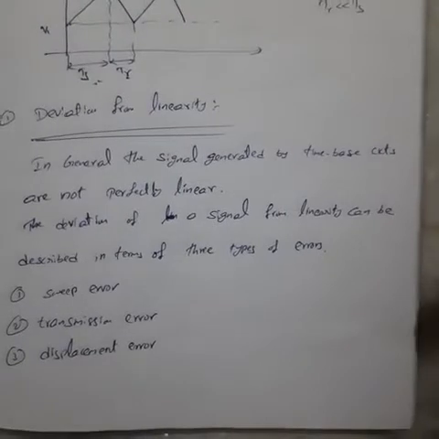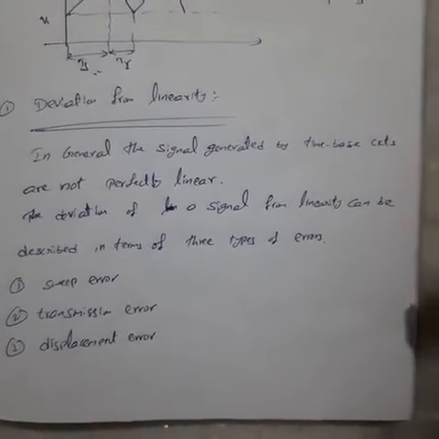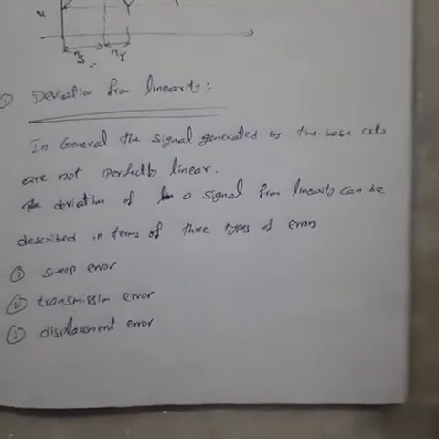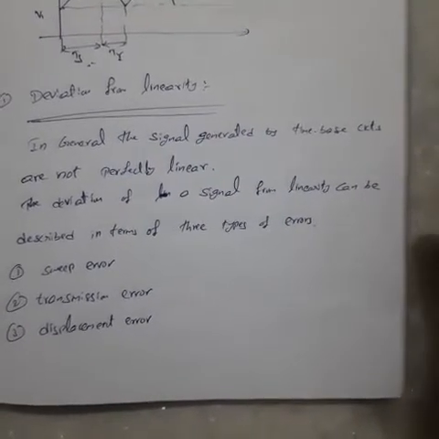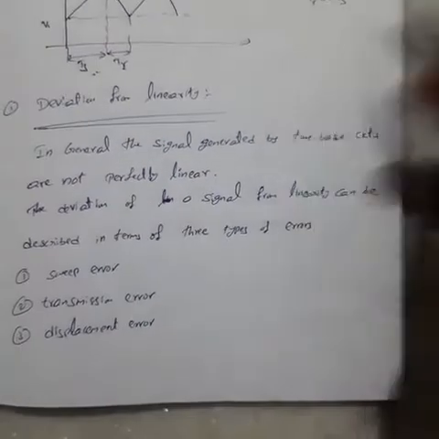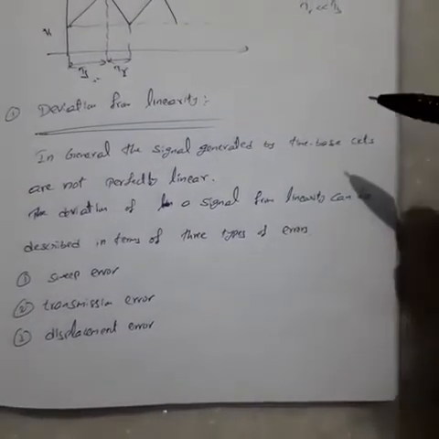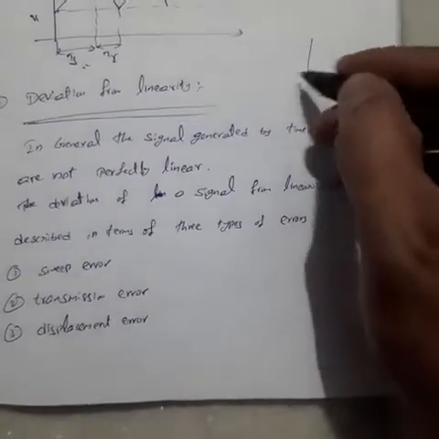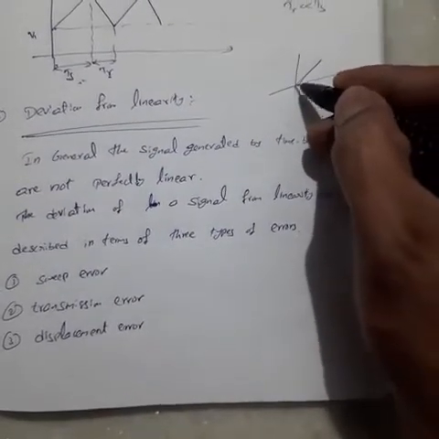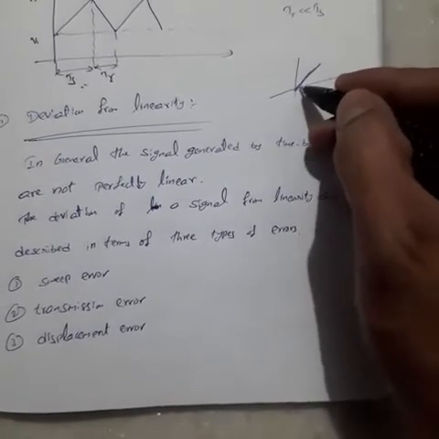Next, deviation from linearity. This is also known as the general characteristics of time-based generators. In your syllabus, this is the first topic. Deviation from linearity means this is the linear signal, but the output we get is not perfectly linear.